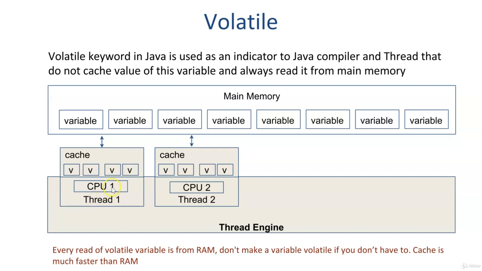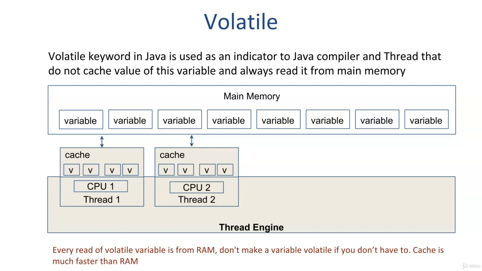Each thread is running on its own CPU and has its own local cache with its own variables, and thread 2 is on CPU 2 and has a local copy of these variables. So normally, a thread copies those variables directly from the main memory, keeps a local copy, and then operates on the local copy. It does that for performance reasons.